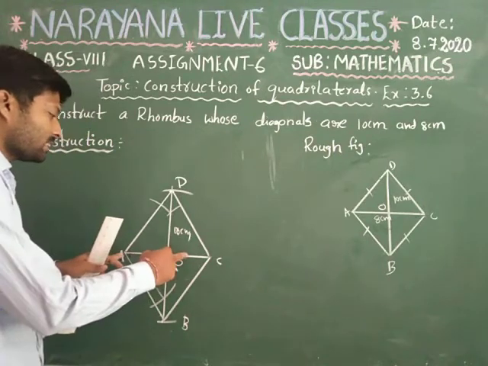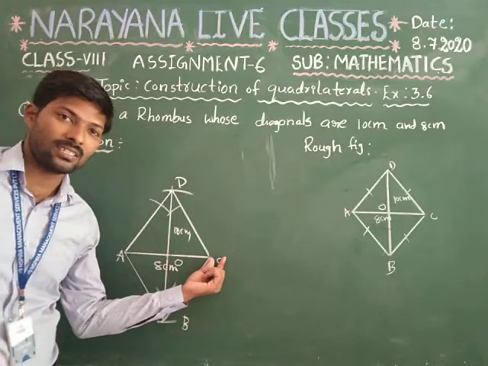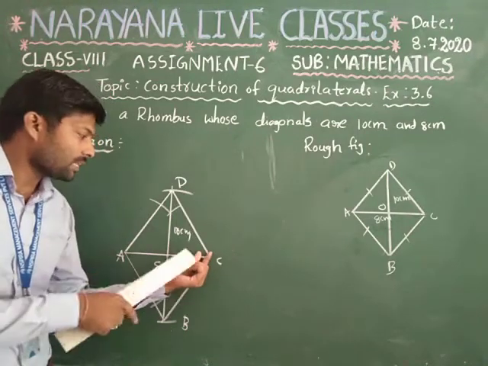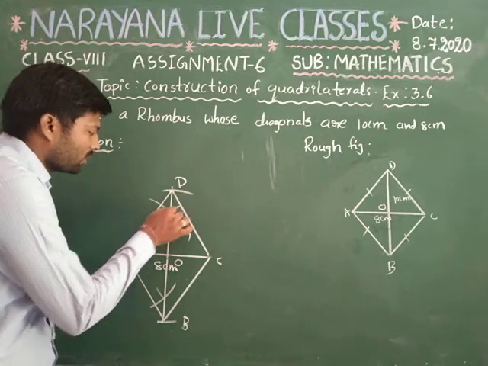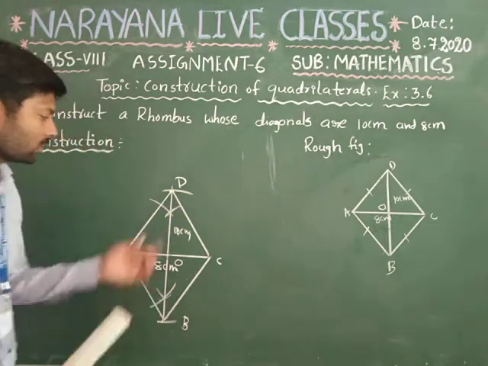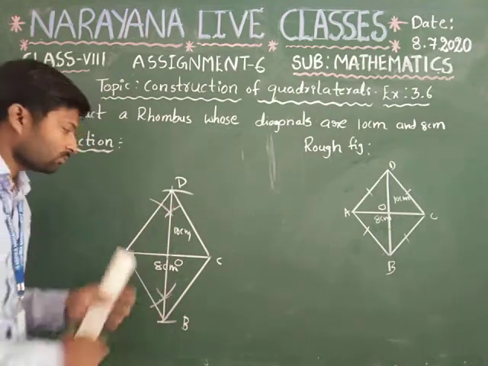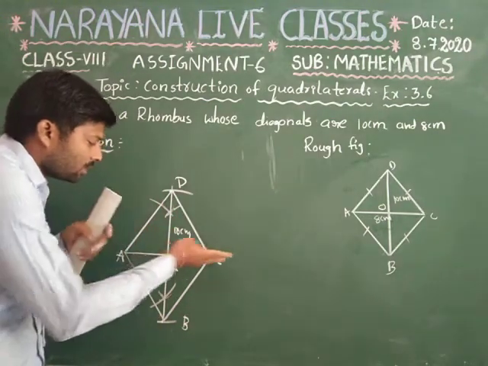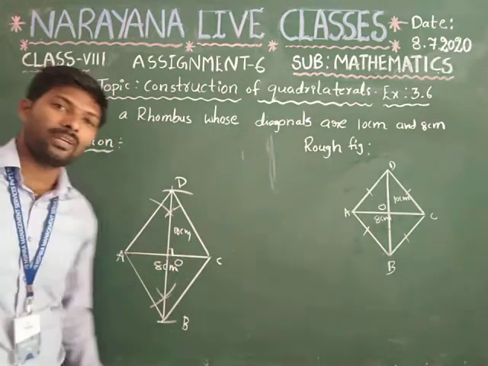Take more than half as the radius, draw one arc up and down. Again take point C as the center with the same radius and draw one more arc. If you draw a line through the two points of intersection of these arcs, it will be exactly perpendicular to the given line segment AC.